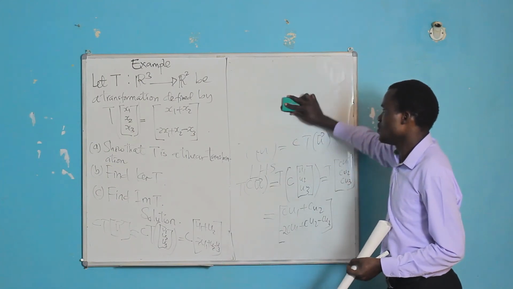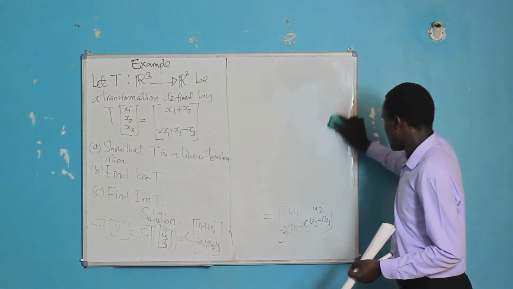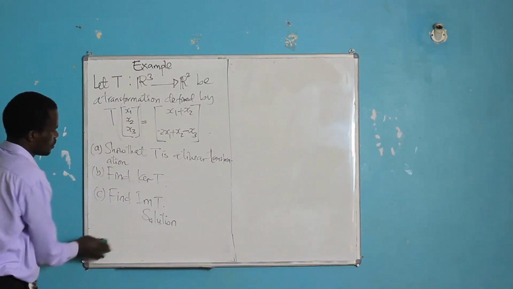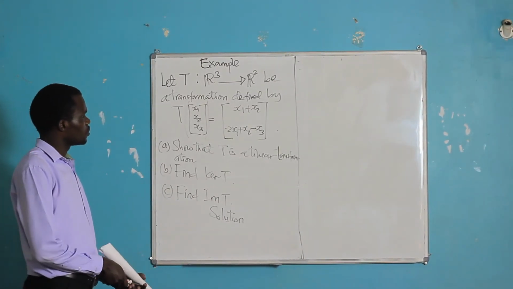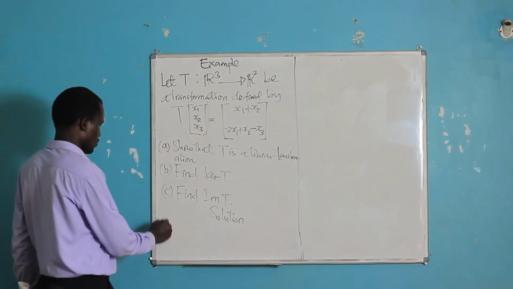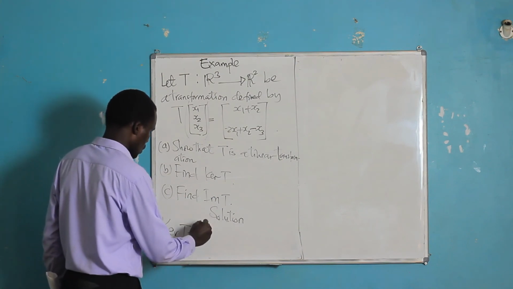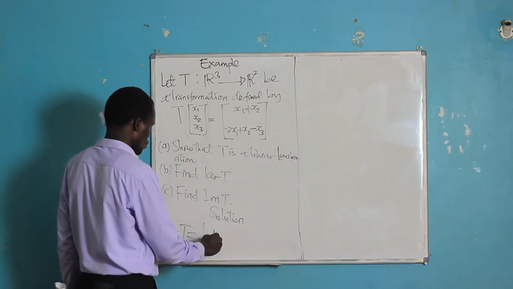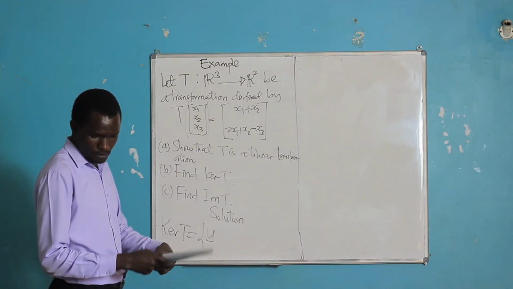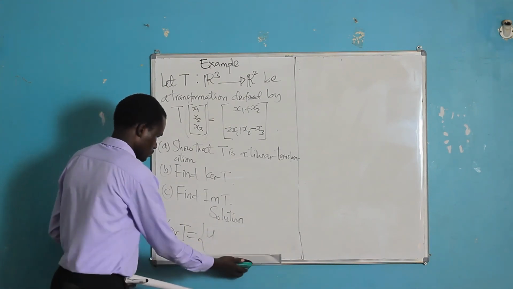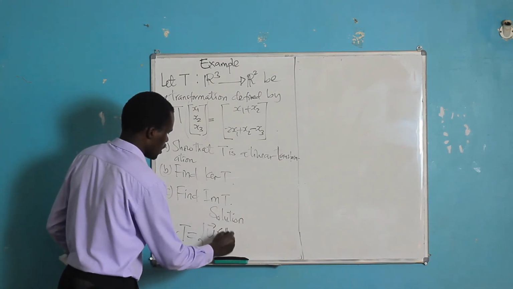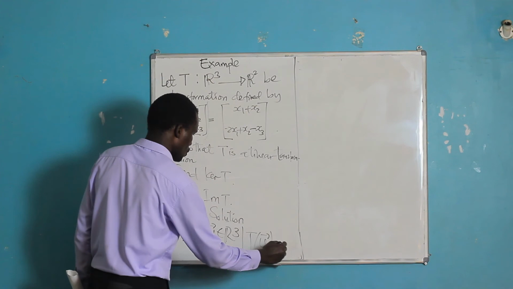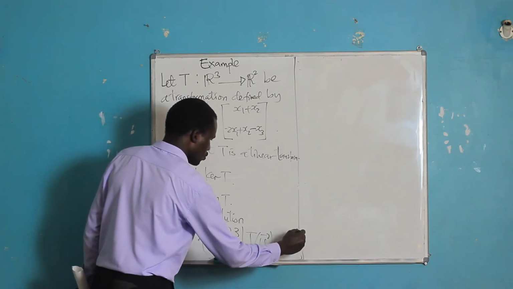Okay, that was just for part A. Let's see part 2, which is B, to find the kernel of the linear transformation T. Okay, we said from the definition, the kernel of T equals all vectors U in R3 space such that the transformation of U equals a zero vector in R2.